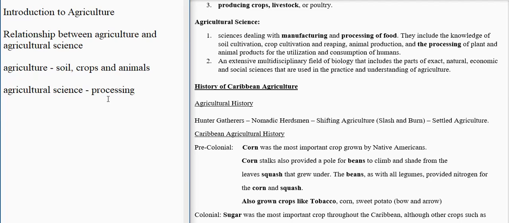So now we're going to look at the history of agriculture, where this originated from. We know that agriculture started way back in time.